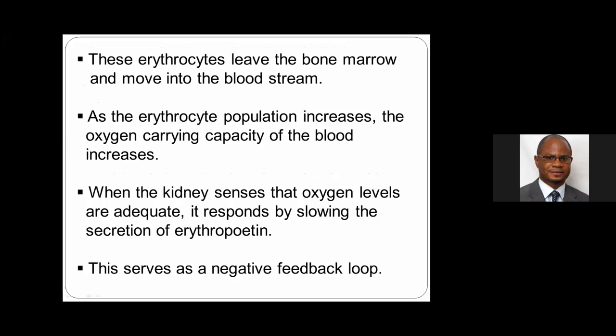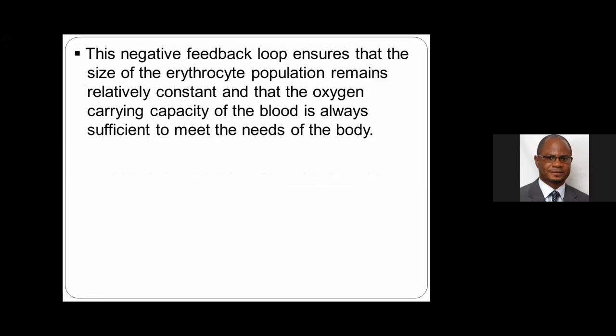They will then leave the bone marrow, move into the bloodstream, and as their population increases in the bloodstream, the oxygen carrying capacity of the blood will also go up. When the kidney senses that the oxygen level is enough, it will respond by slowing down the secretion of erythropoietin, which in this case serves as a negative feedback. And then the red cell level will be maintained. This cycle will continue on and on.